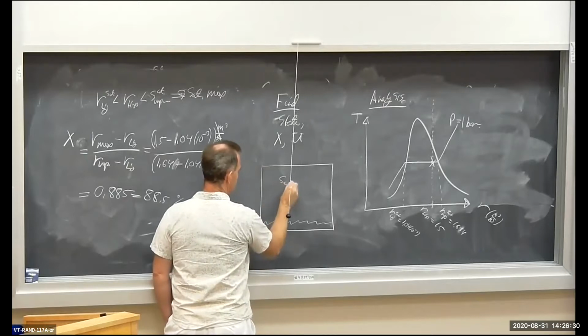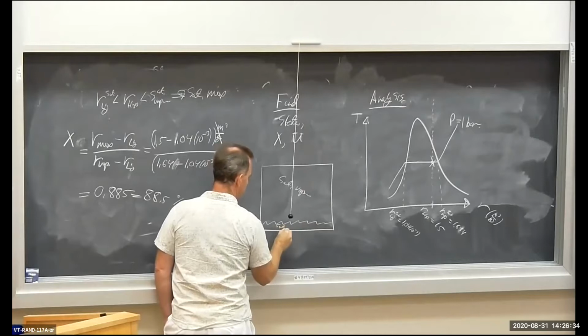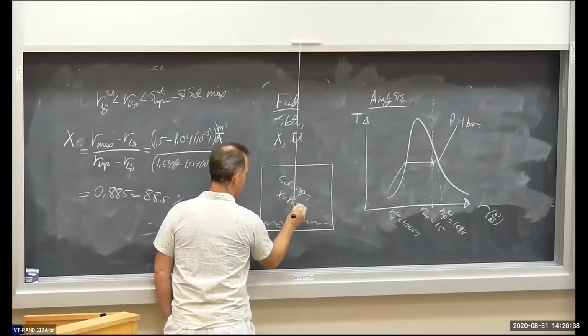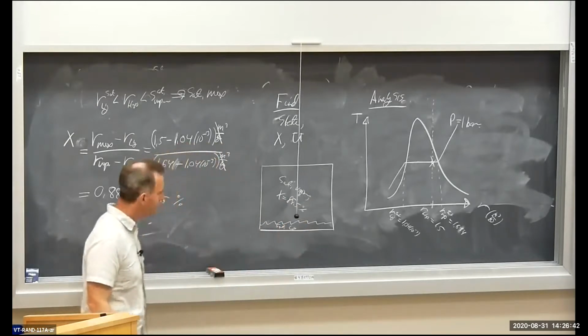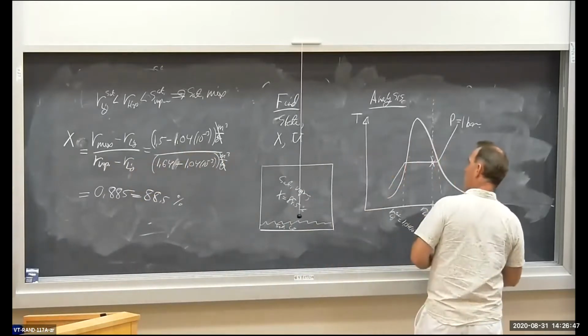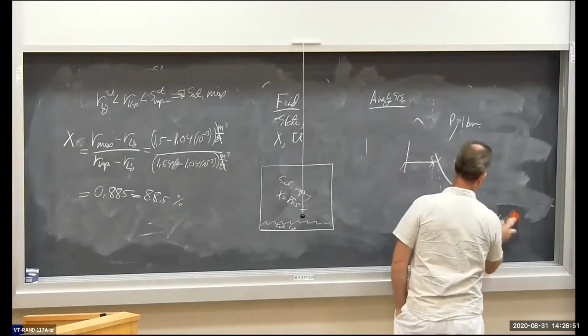So I have a saturated vapor and I have a saturated liquid. The quality is 88.5%. Let's calculate the internal energy, u, for the mixture.